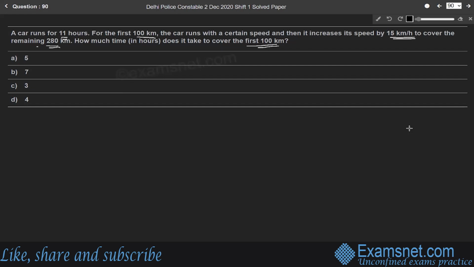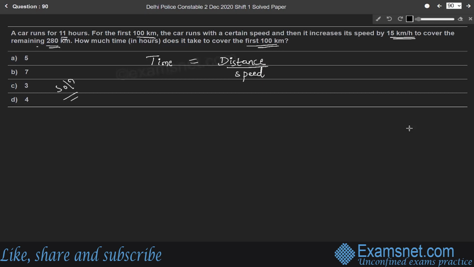So here we are using the formula of time is equal to distance by speed, or speed is equal to distance by time, right? So here, since we are finding time, time is equal to distance by speed, right? So solution.